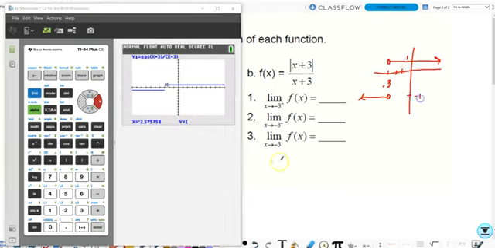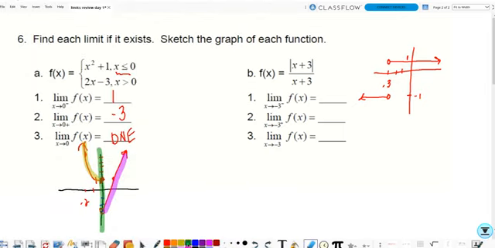Down here it would be negative 1. If you're not sure, trace to the left. There you go. You can see it's negative 1. So from the left at negative 3, which is here, we have a y value of negative 1. From the right, we have a y value of positive 1. These values are not the same, so the limit from both sides does not exist.